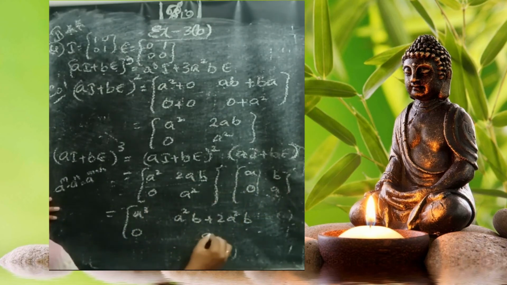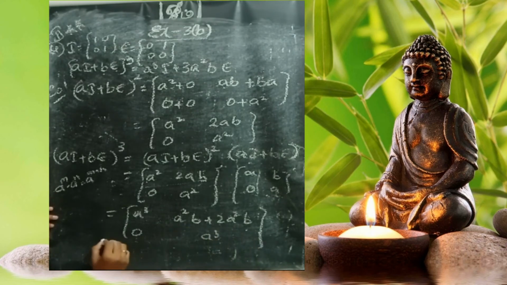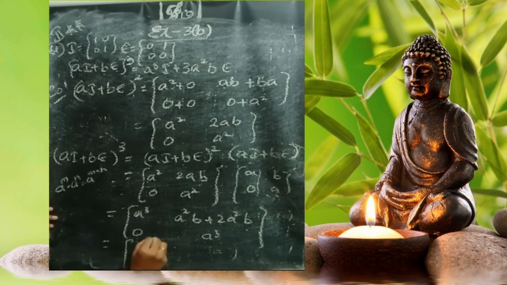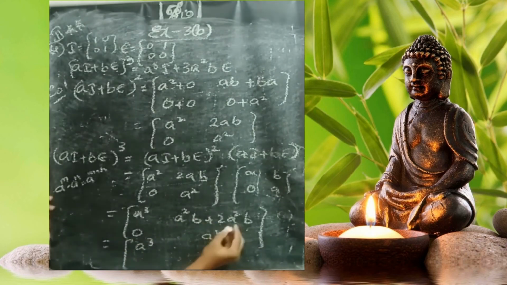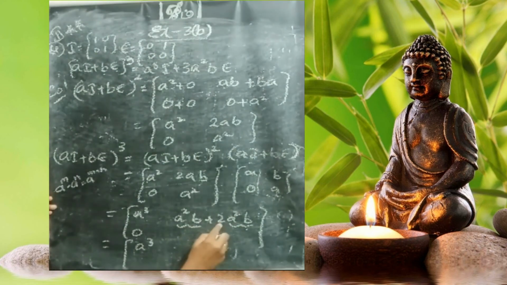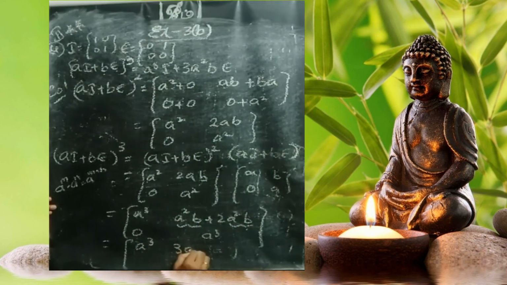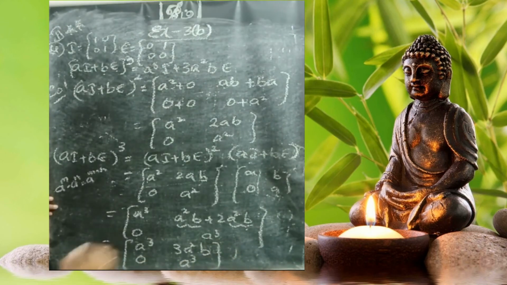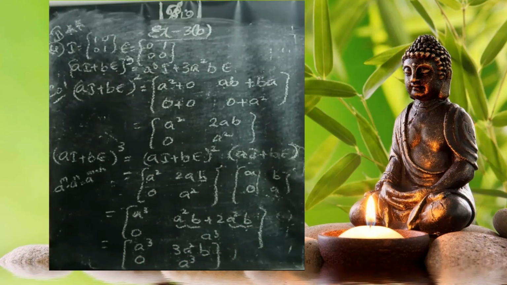Here also 0. Here A cube. Here also, two terms: 2 plus 1 is 3A square B. 0, A cube. That is the value of (AI + BE) whole cube.